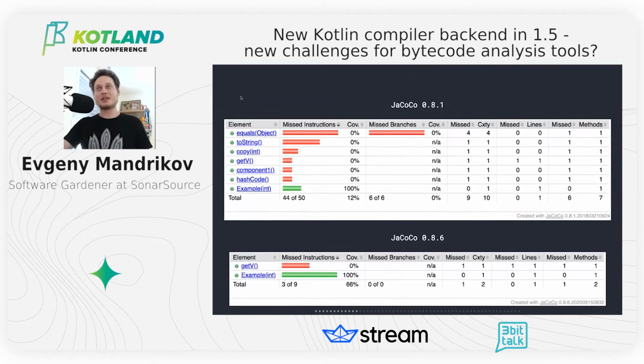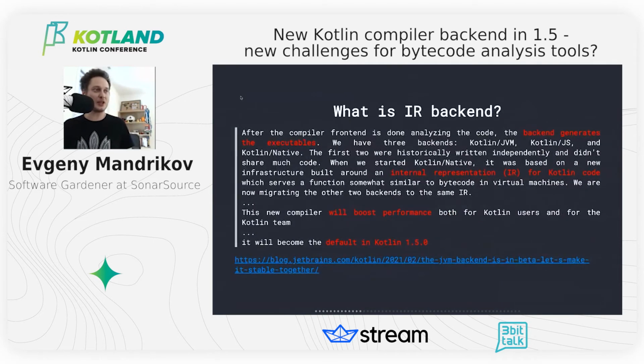But time goes and things change. For example, you might already know that there is a new Kotlin compiler IR backend. But what does this mean? The compiler backend is a stage in the compiler that generates executables.